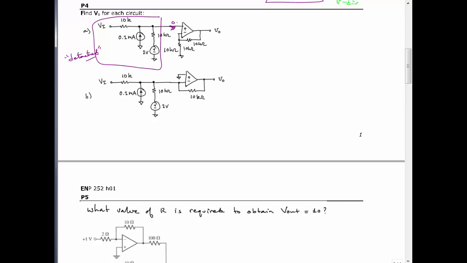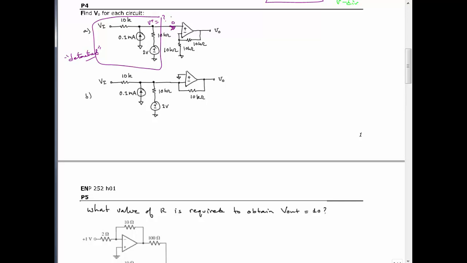So basically you can take that part of the circuit I just boxed off and you can solve it just like you would have solved it back in the first couple weeks of circuits. And what you're solving for is the voltage here. You're going to call this V plus, and you want to find what it's equal to. You don't need to know anything about the OpAmp to do that.